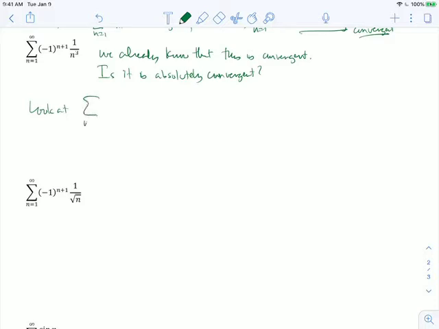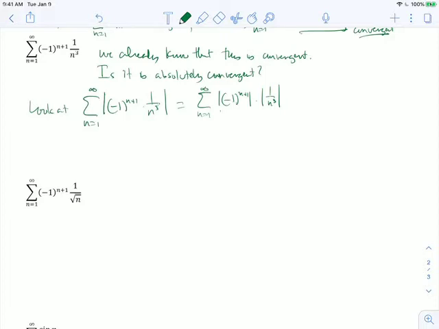we look at the summation n equals 1 to infinity of the absolute value of negative 1 to the n plus 1 times 1 over n cubed. I'll do it in a couple of steps. The first thing we can do is remember that the absolute value of a product is the product of the absolute values.